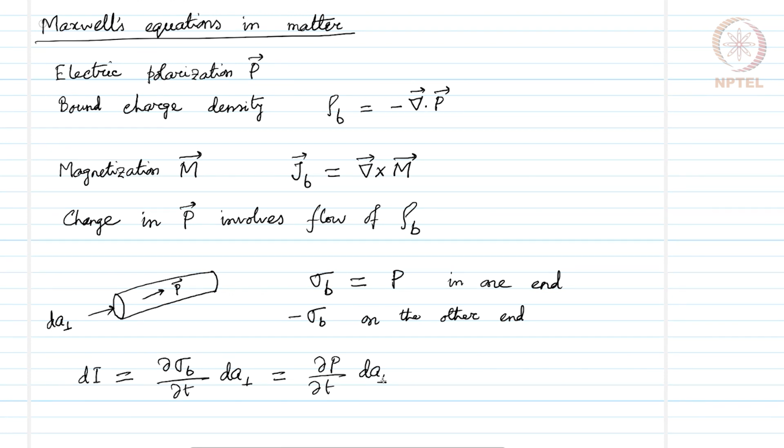So, this current density, we call it the polarization current, and it is given as del P del t.